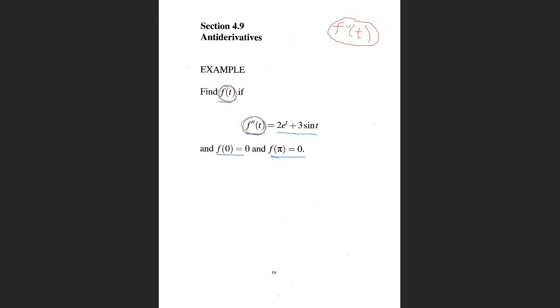That's what I'm looking for, Sebastian. It would be f prime of t. And then you have to take the antiderivative of f prime of t to get to f of t. So this problem is going to take two steps.